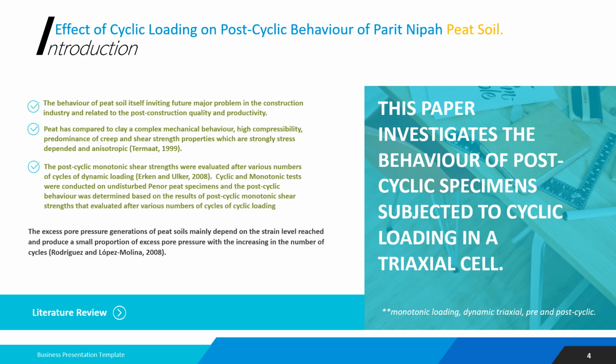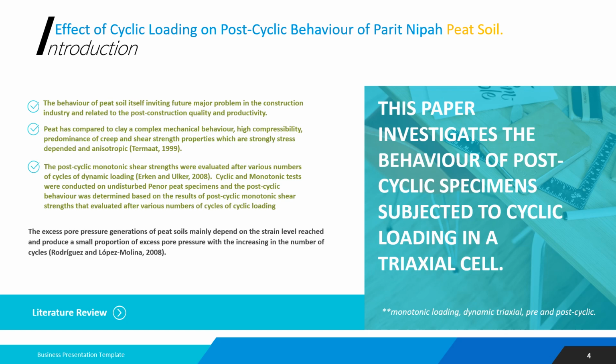Unfortunately, the utilization of peatland in Malaysia is optional and a compromise, because construction on marginal land such as peat soil has high economic factors to consider. The behavior of peat soil itself invites future major problems in the construction industry, related to post-construction quality and productivity.